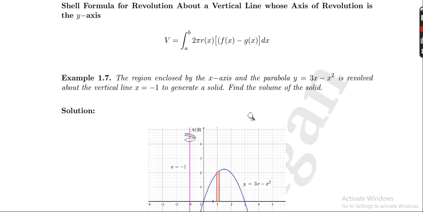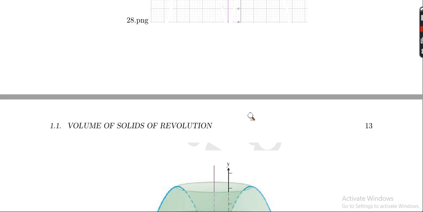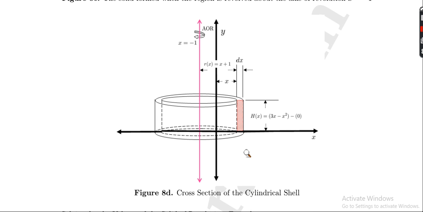Okay, so in terms of x, yun nga ang ating formula ng volume. Okay, so kailangan ko is yung radius, ang kailangan natin is yung height, and then dx is the variable of integration. So let's go back to the cross-section of the cylindrical shell.